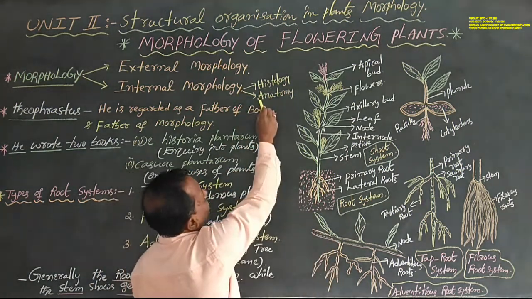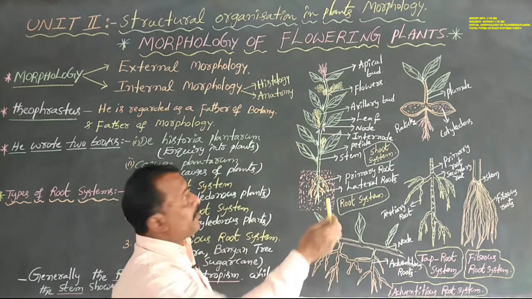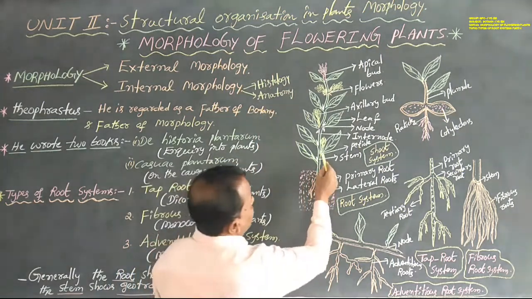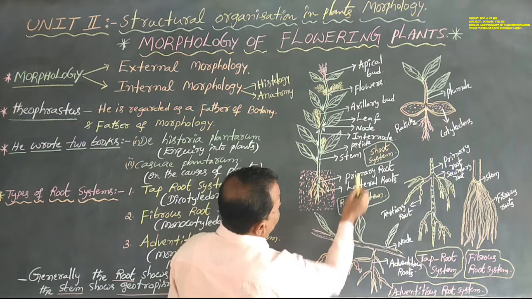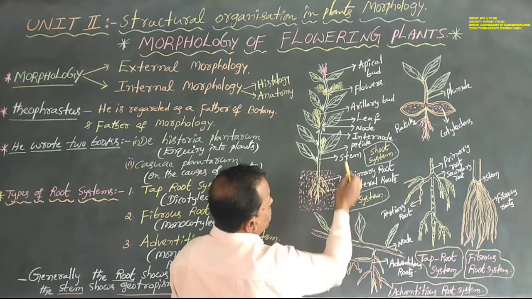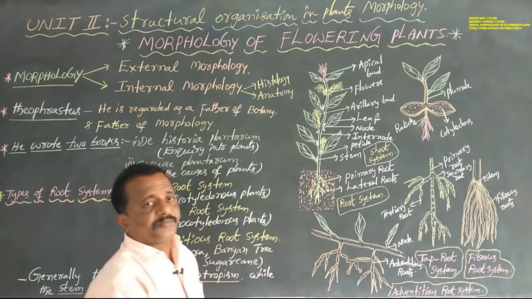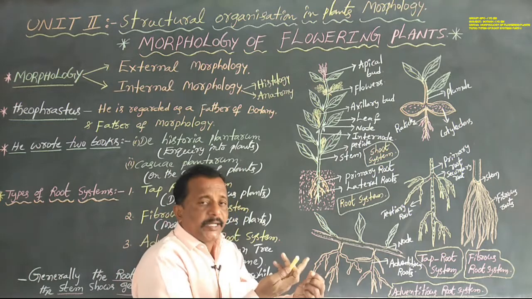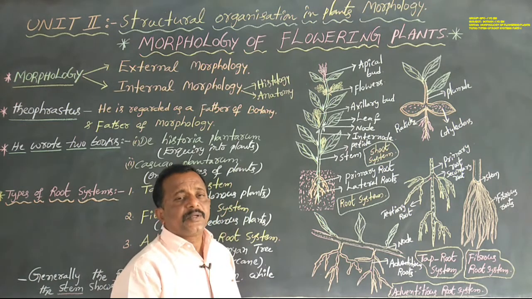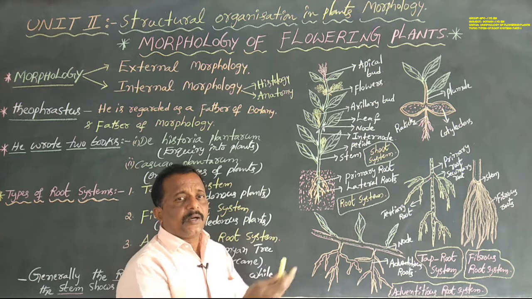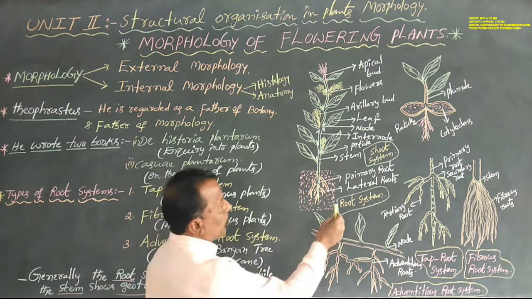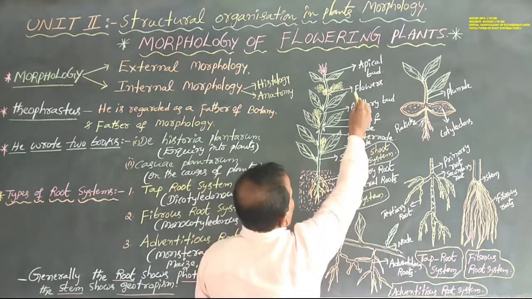Second one here, anatomy. So what is the meaning of anatomy? The study of gross internal structure, or transverse section or longitudinal section of root, stem, leaf, flower.